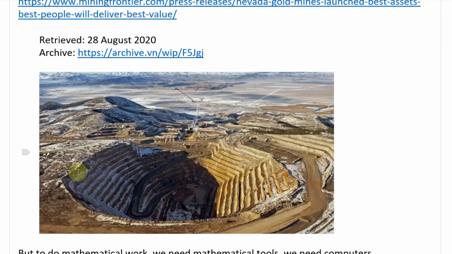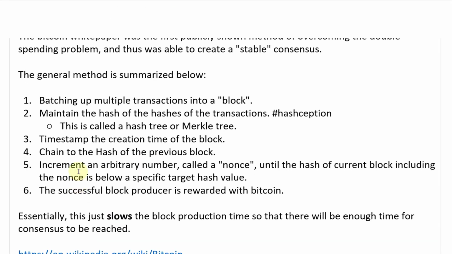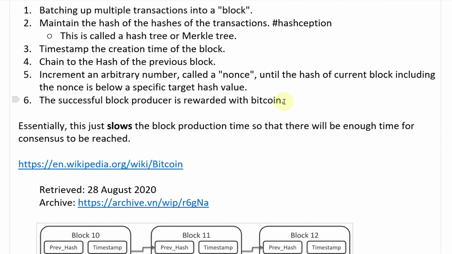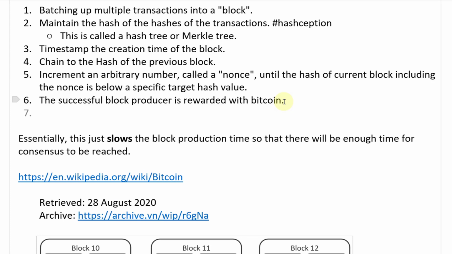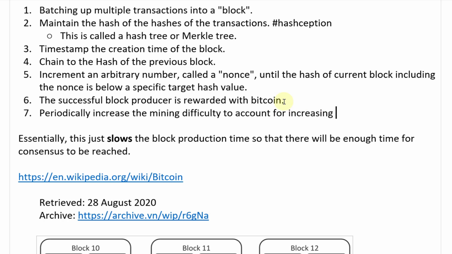And also, I was contemplating adding this here, but yes, for the next step right here: periodically increase the mining difficulty to account for increasing technology.